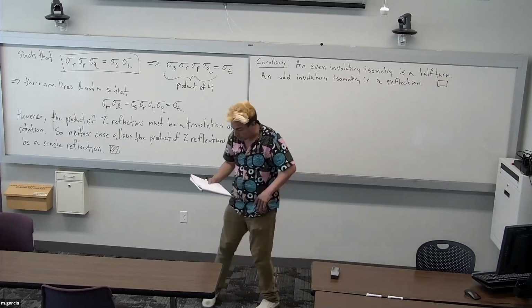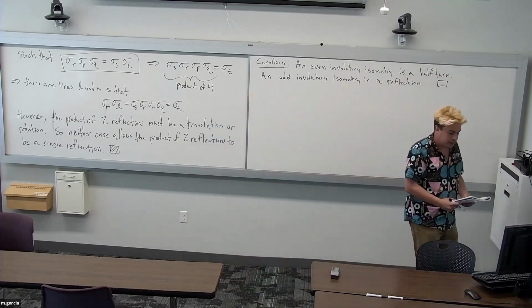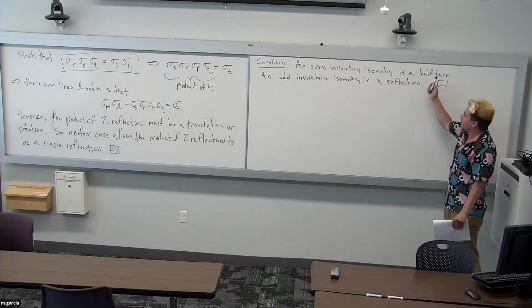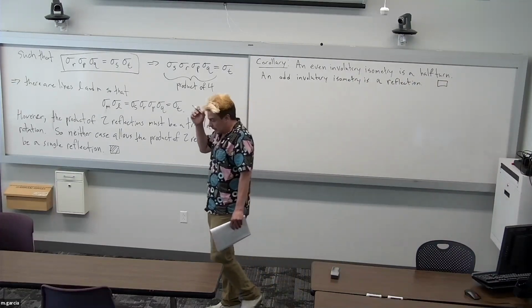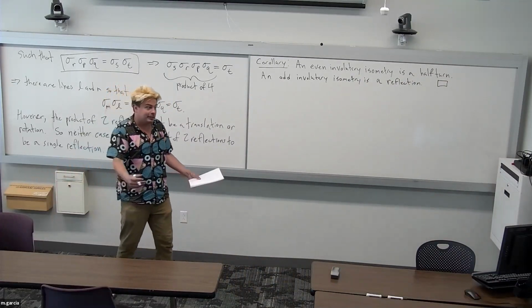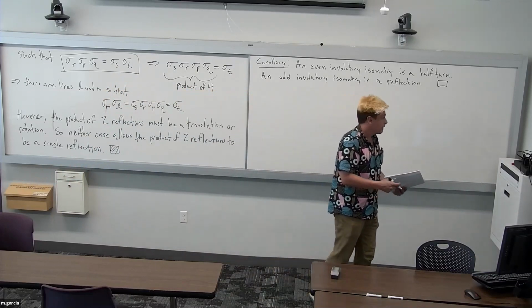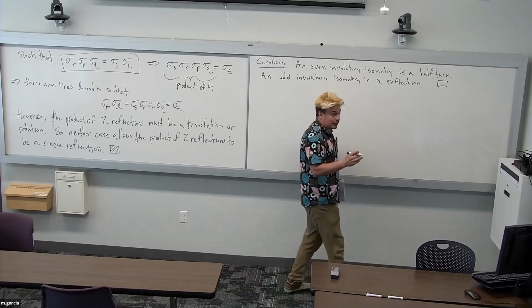Why is this? Well, we already classified all the involutory isometries, right? We already proved that they're half-turns and reflections. Now a reflection is obviously just a single reflection, so it must be odd. And a half-turn is a type of rotation, right?